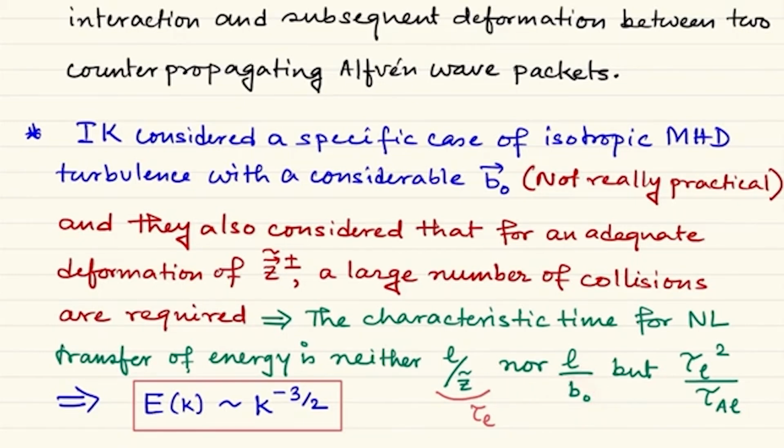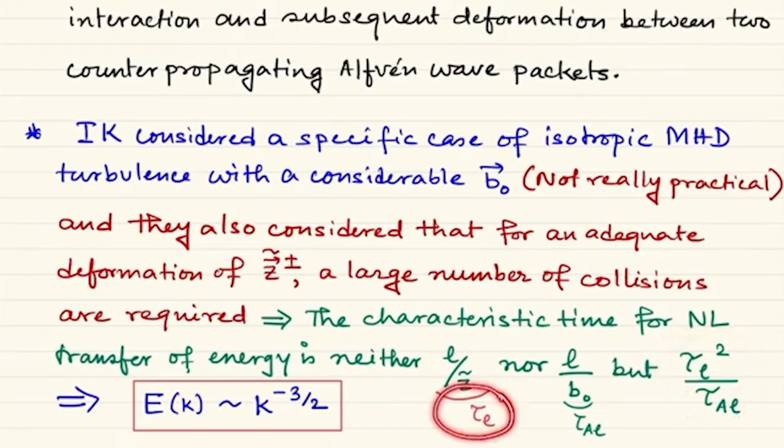But if you call this tau L and you call this tau AL, then the resultant transfer time from one scale to the other is actually tau L squared by tau AL.